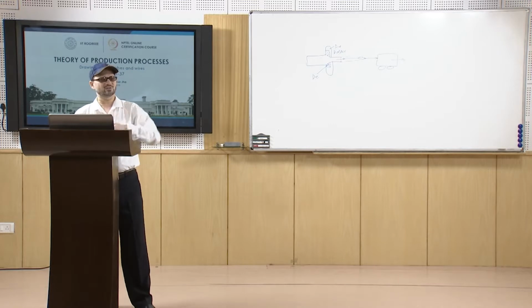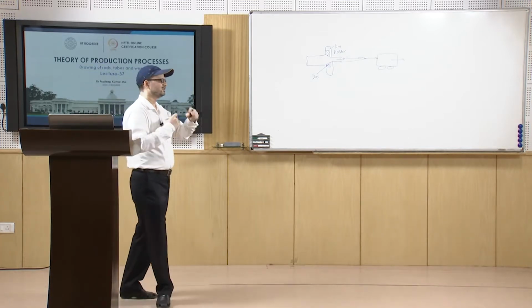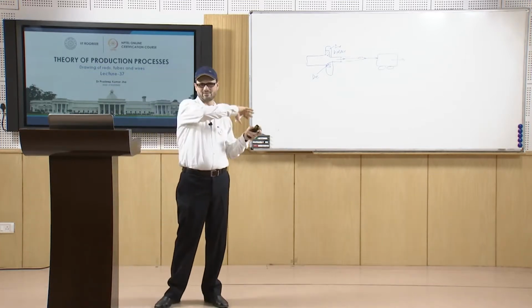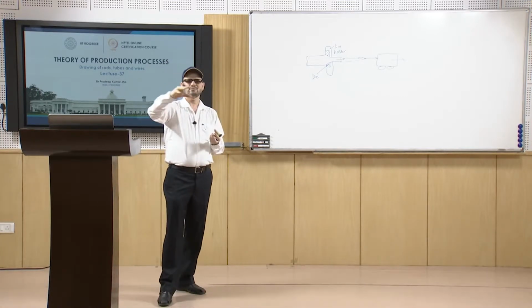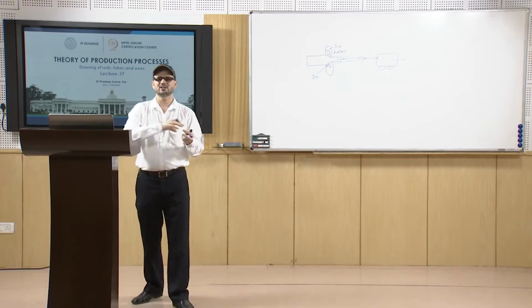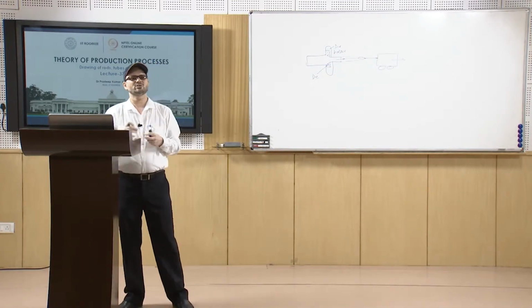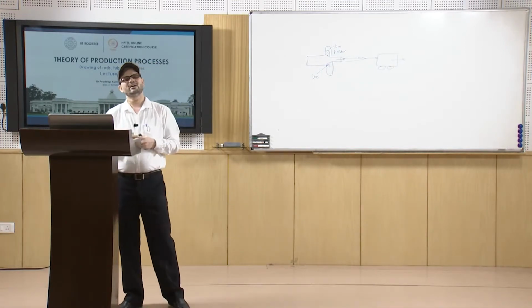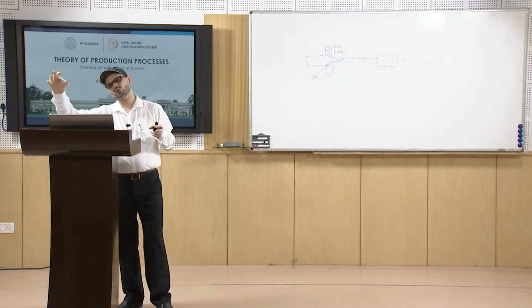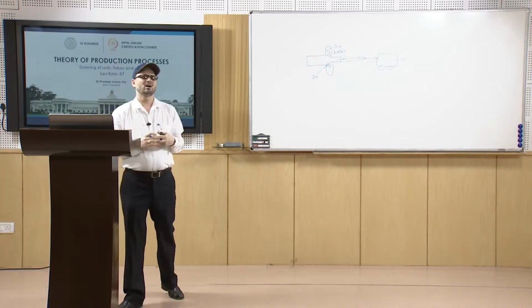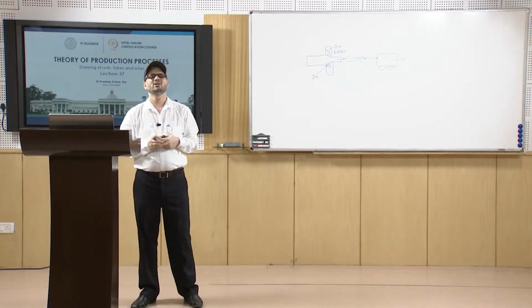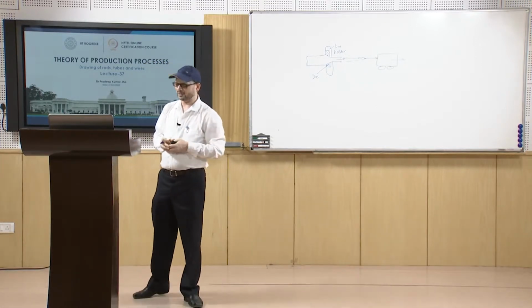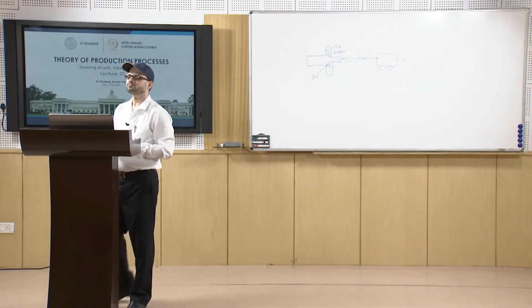You have one setup where the drawing operation is carried out at successive stages, and every time the reduction of the diameter takes place, so ultimately the wire of requisite diameter is found.